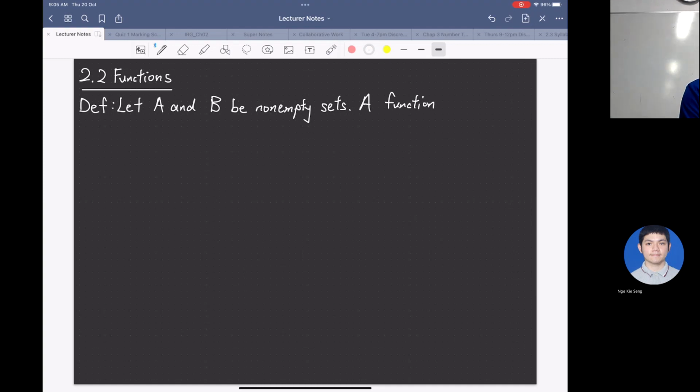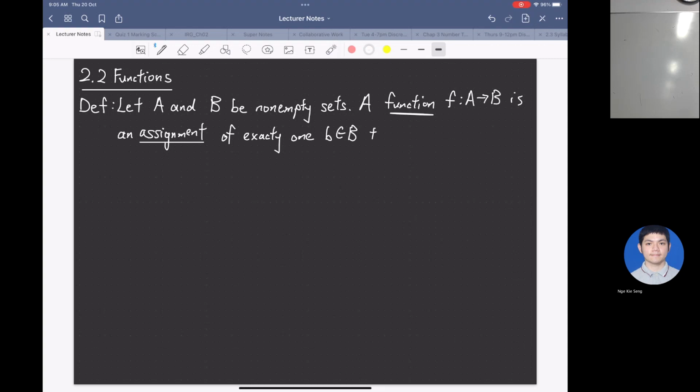So what's a function? A function f from A to B is an assignment of exactly one element in B to every element in A. So given every element in A, I have to give you exactly one element in B. Then we write it like this.